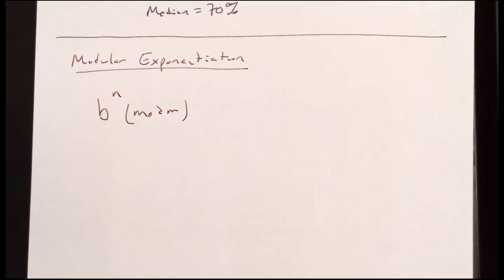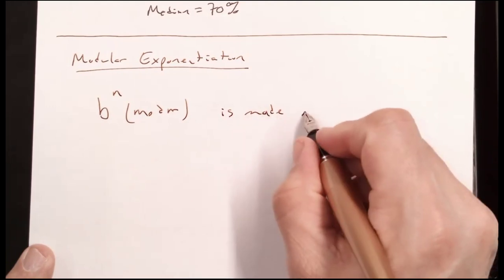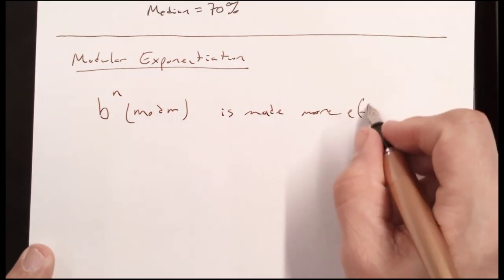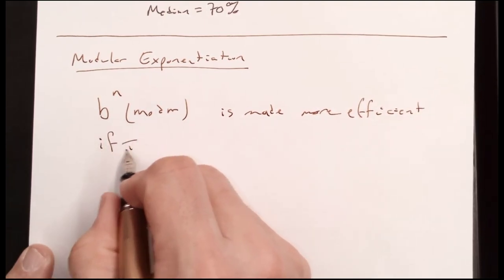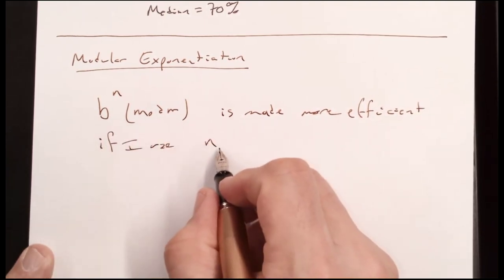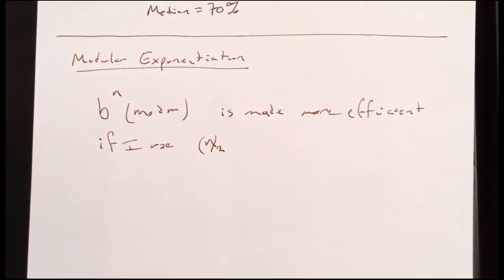And the answer is, it's actually most efficient if I use the binary expansion of n.